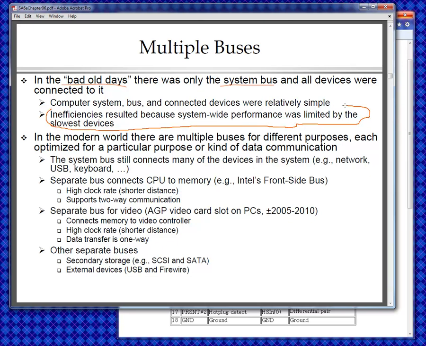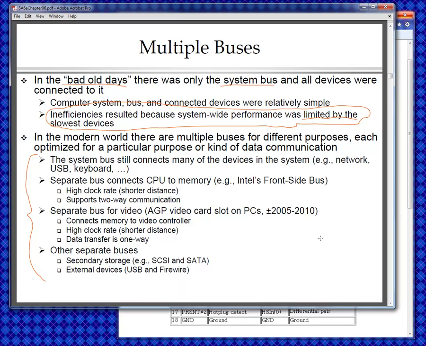Okay. And the reason primarily is it was a parallel bus, and that meant speed was limited by the slowest devices. Okay. Plus, the CPU was spending its time playing traffic cop, which meant it had less time to do its real work. In the modern world, we tend to go with a set of buses specialized to various purposes.